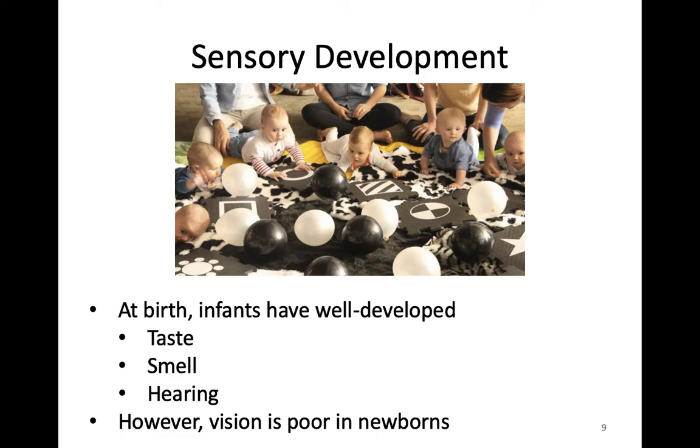Okay, so just to make the point that we come into the world with a lot of our senses, which is of course important because that's the way that we learn things at a very early age. But vision is one of those things that is not well developed, and there could be some evolutionary explanation for that.